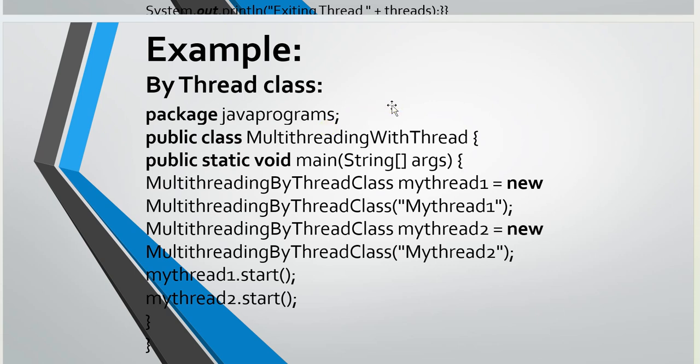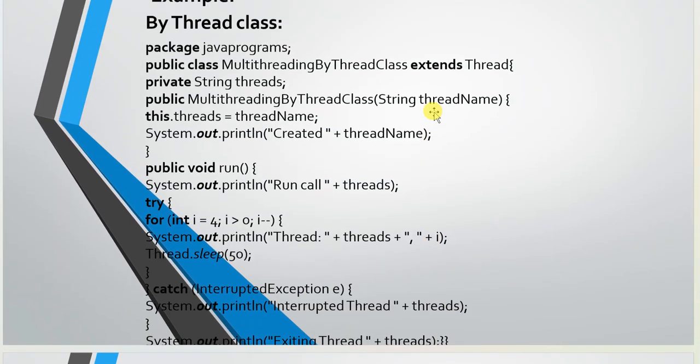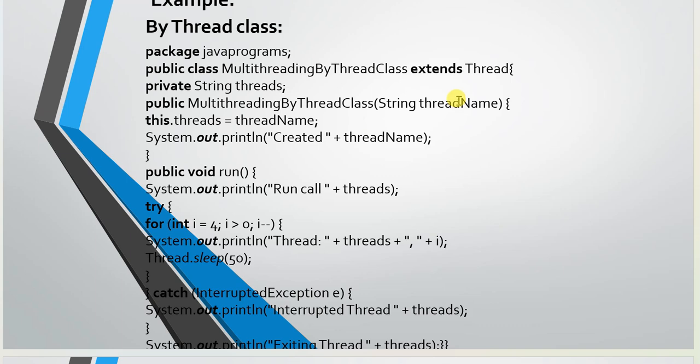So here in another class, inside the main method of multi-threading, we are creating an instance of that by using new, and we are passing one string there. So that string will be passed to here.